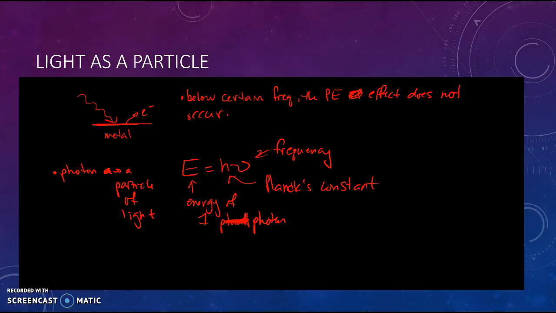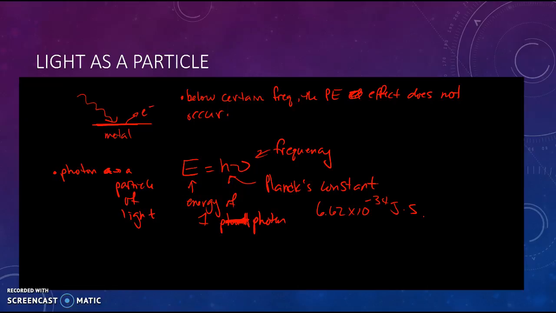He said, okay, light can come in these packets, and he came up with Planck's constant, which is 6.62 times 10 to the negative 34 joule seconds. Okay, so it's an extremely small number.